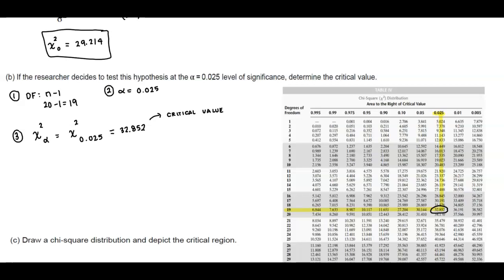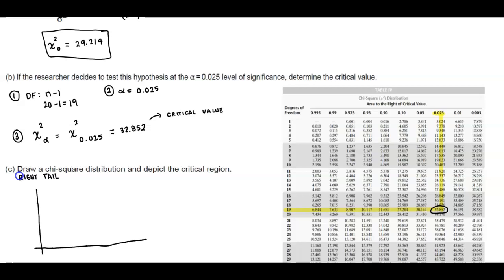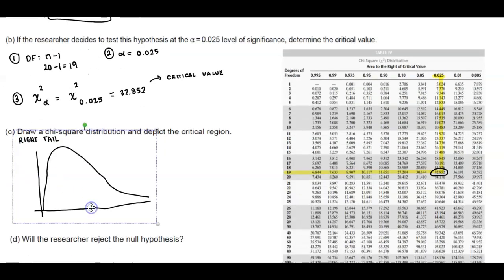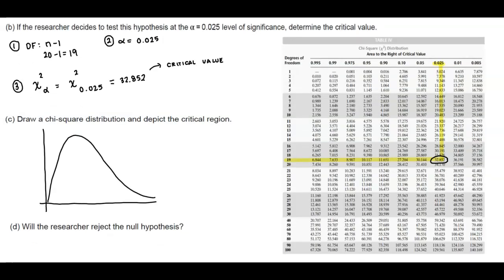Now part C says draw the chi-square distribution. We know from the beginning that this is a right-tailed distribution, so we draw our graph with this bell curve that is skewed right. Let me redraw that to make it a little clearer.